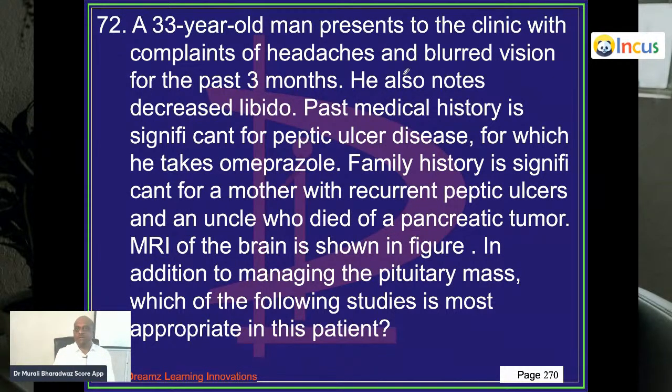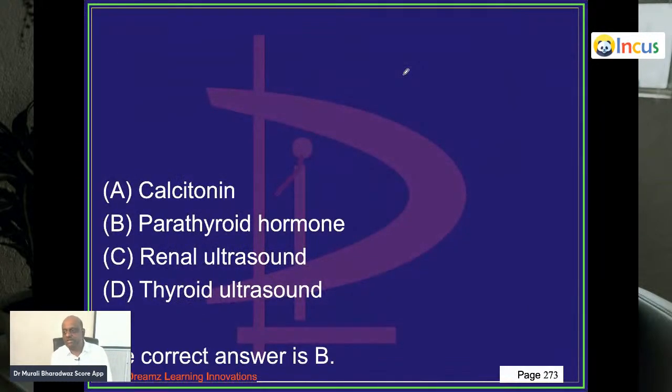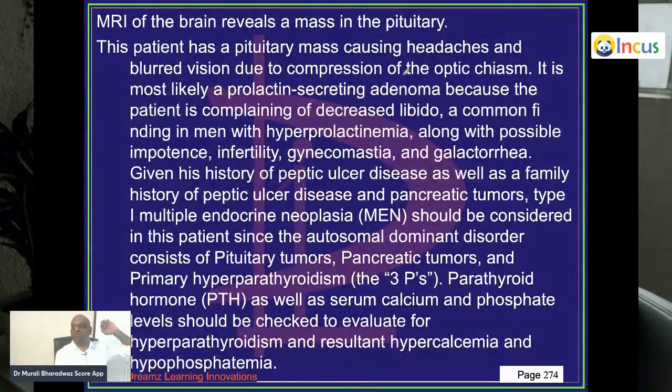What is common between all the three? Pituitary is central, parathyroids are central, pancreas is central. All the three are central. That is MEN type 1. So what is the investigation you want to order? Also check the parathormone, whether there is any high parathormone.